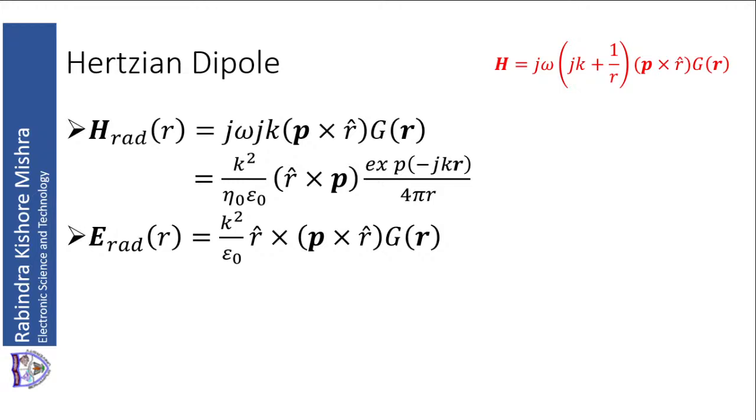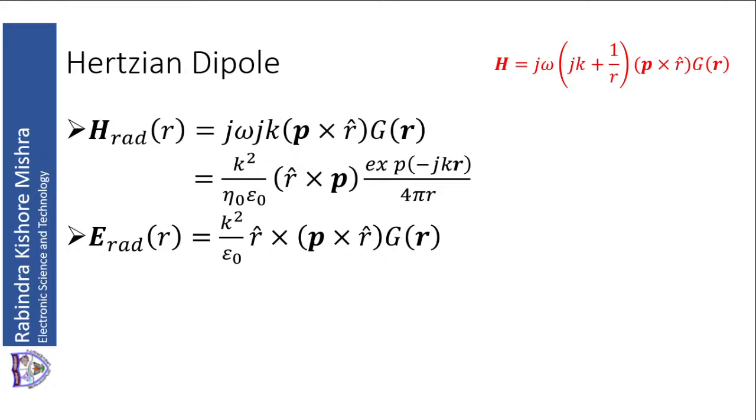Now what is root over of mu 0 epsilon 0? That we can write as root over of mu 0 by epsilon 0 into root over of epsilon 0 into root over of epsilon 0. Now root over of mu 0 by epsilon 0, that is called eta 0. So the numerator now becomes root over of mu 0 epsilon 0, that becomes eta 0 into epsilon 0. So the right hand side is k square by eta 0 into epsilon 0.